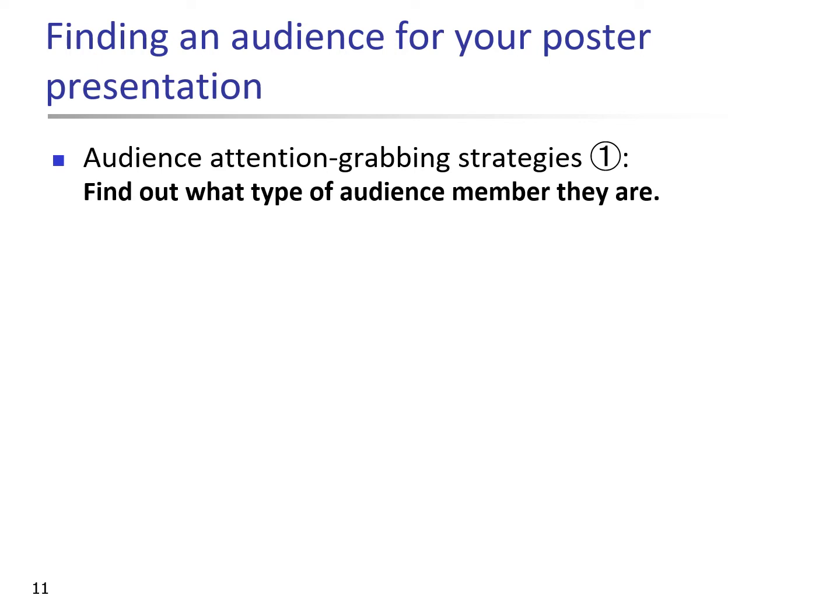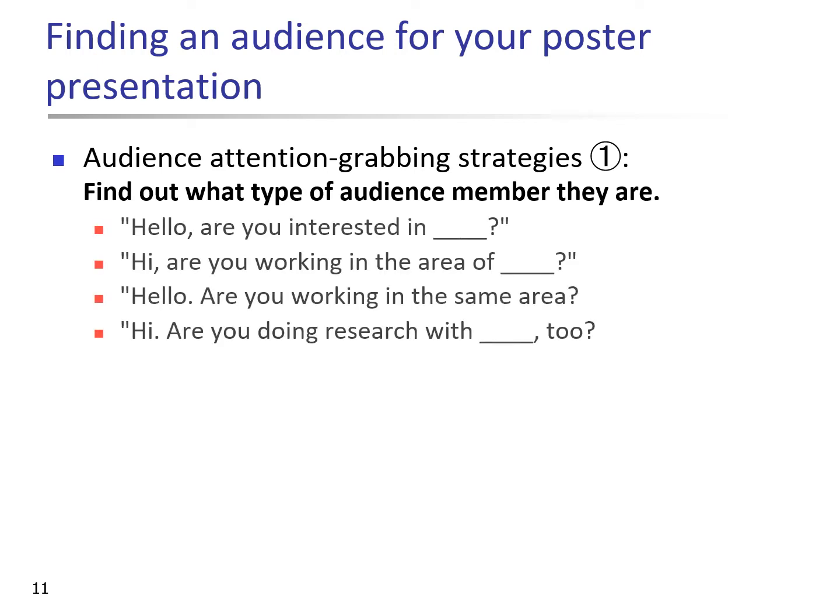If people are walking past you in the poster session, you can think of saying a few things that would stop the audience and actually come towards you. So here are a few things that you could say to an audience member as they're walking past, not necessarily interested in what you're doing. You could say, oh, hello, are you interested in my research?